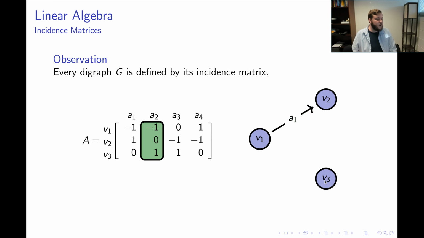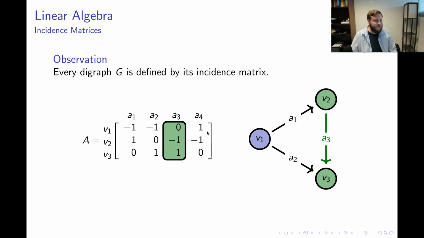If I go to our second column here, this will tell us how our second arrow starts and finishes. I have a -1 in the V1 position, a 1 in the V3 position, and a 0 in the V2 position. This means that my second arrow starts at V1 and points to V3. What about the third arrow? If I read this third column, it's telling me that my third arrow starts at V2 and points to V3.